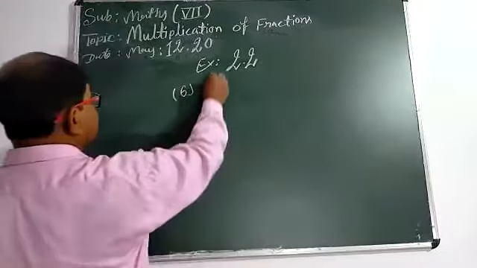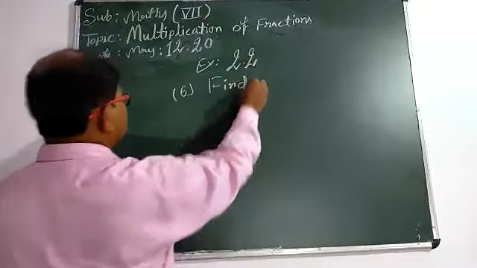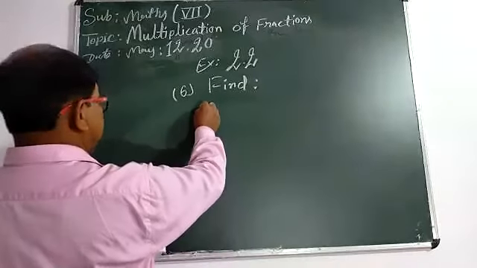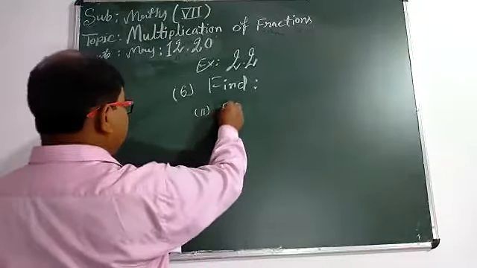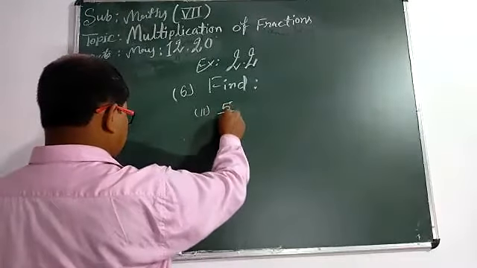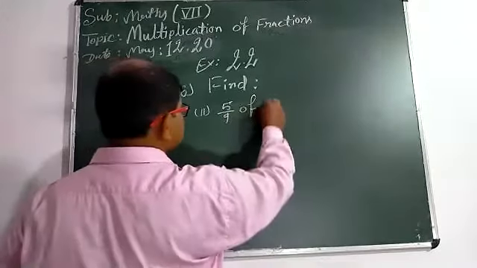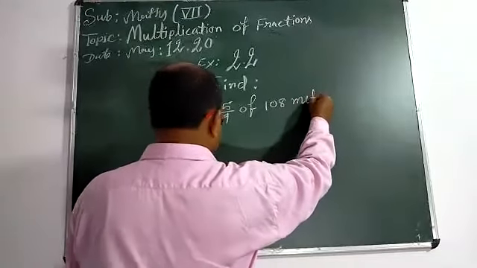Find. Again, find. I am writing first sum, second sum. First is very simple: 5 upon 9 of 108 meters.